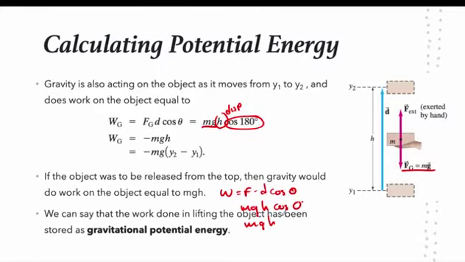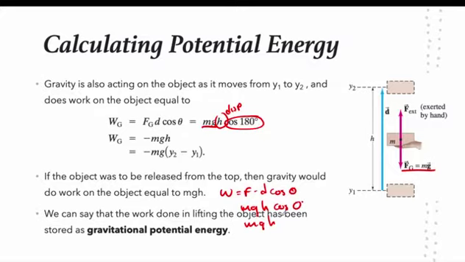So we can say that all the work we do in lifting an object is stored as potential energy. When the object is raised high, if it is just there, it will not do any work. The only way it can do work is if I release it and it falls. So just by holding it above the ground, it has stored energy.